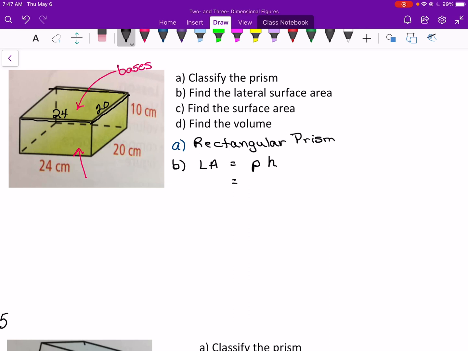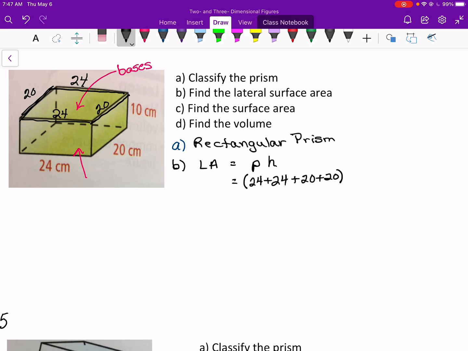Across the back side, since the sides are parallel, it is also 24. And then when we come around the other side, yep, that's 20. So to find the perimeter, it's 24 plus 24 plus 20 plus 20. I'm just going to write it all out because I don't want anybody lost. And then multiply times the height of the entire figure.